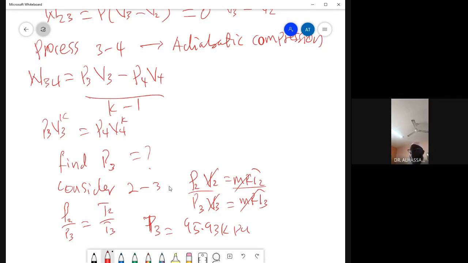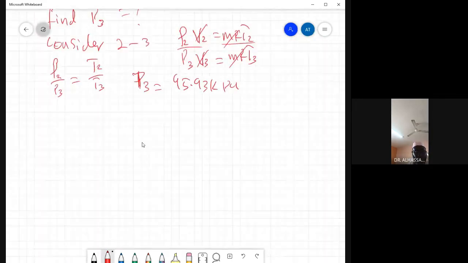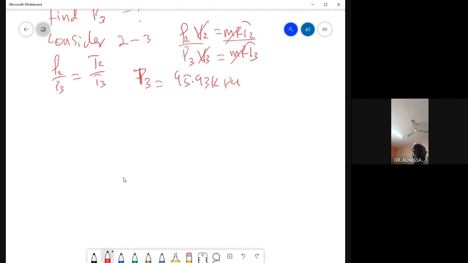Then we can use this to calculate the value for K, because we know P3 V3 raised to the power K equals P4 V4 raised to the power K. If you substitute all the parameters, K will give you 1.289.